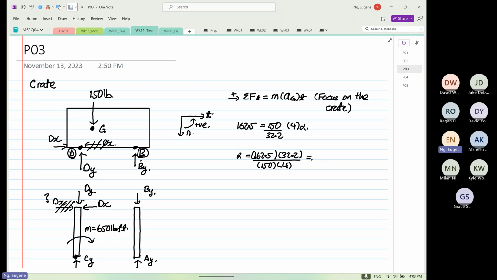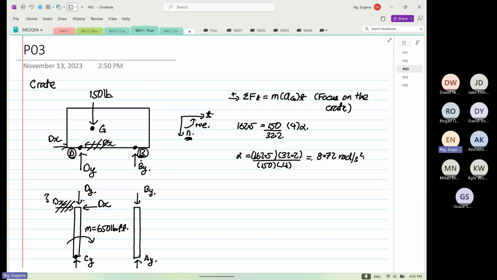So 162.5 times 32.2 divided by 150 divided by 4 is equal to 8.72 radians per second squared.